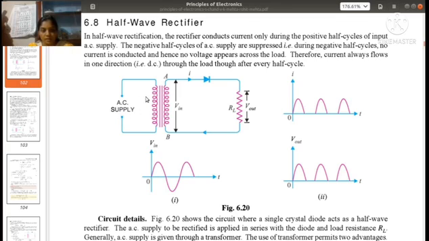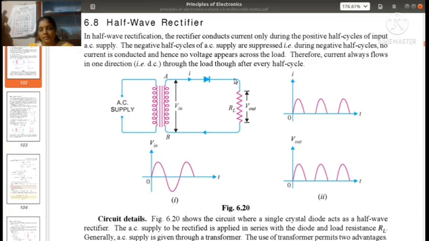So this transformer protects the circuit, and the second function is that it can be used either to step up or step down the input power supply according to our need. So these are the two functions of the transformer used in this circuit.